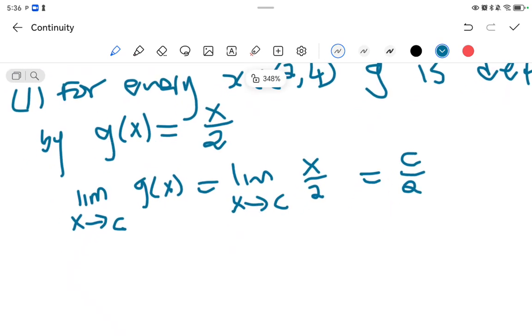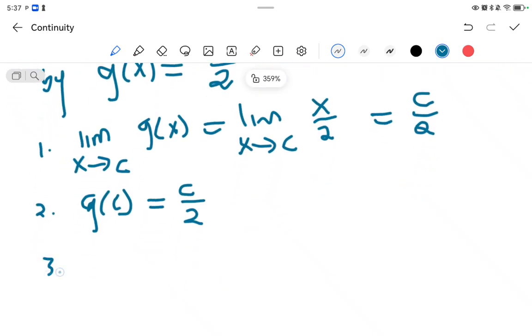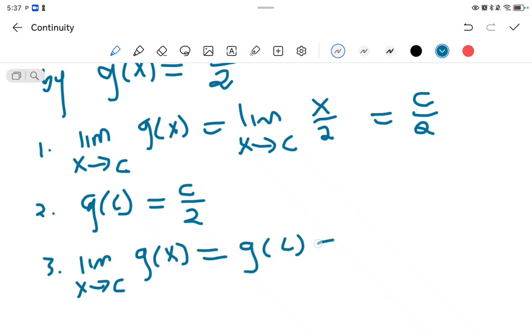And then we check g of c. g of c will also be c over 2. Now we realize that the limit as x approaches c of g of x is equal to g of c, which is equal to c over 2.